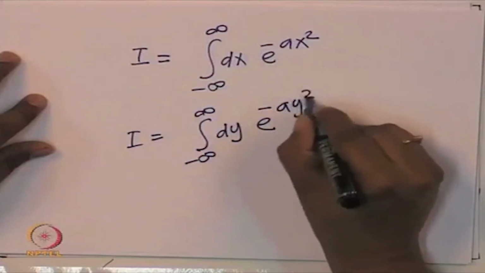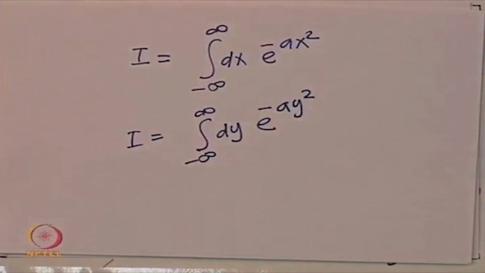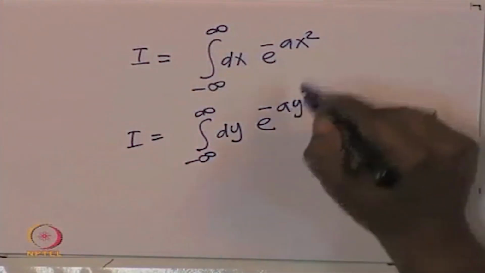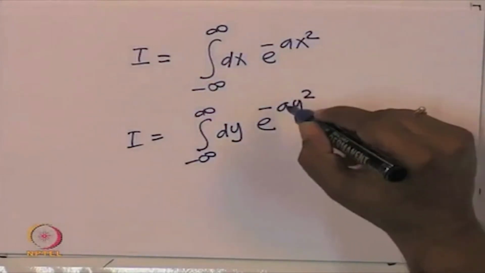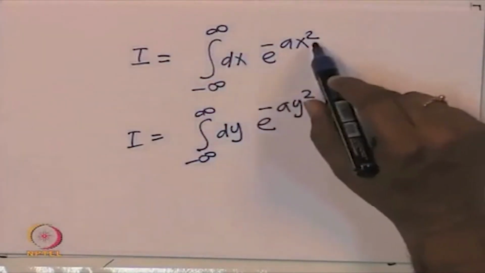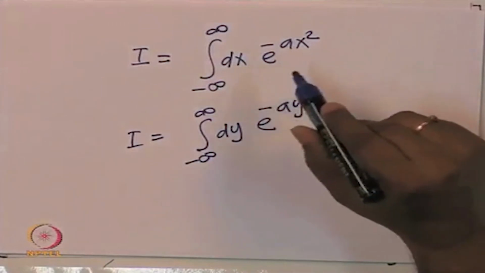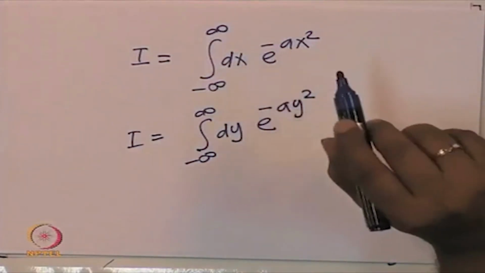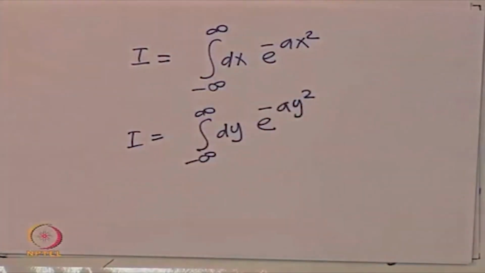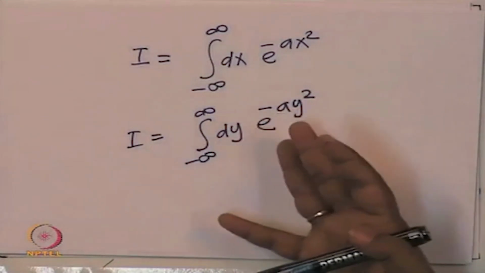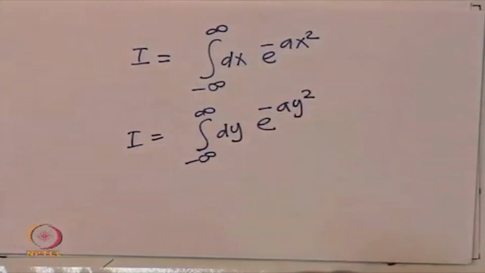This and this both have the same answer, because I just changed the variable. So, I am writing it as the integral of dy e^(-a y²).